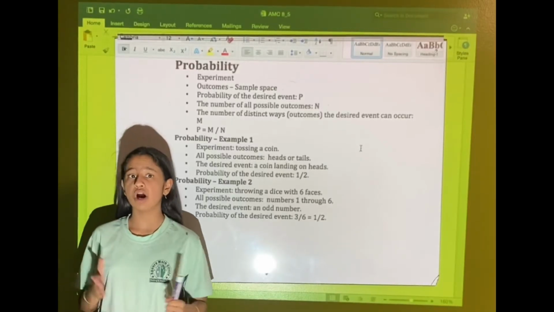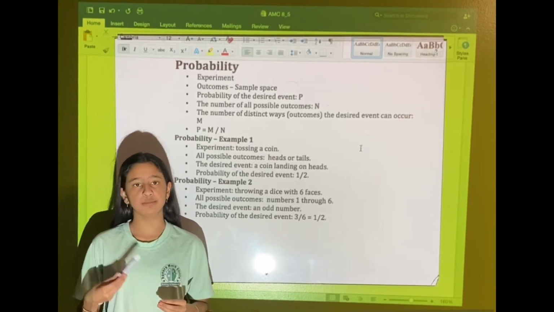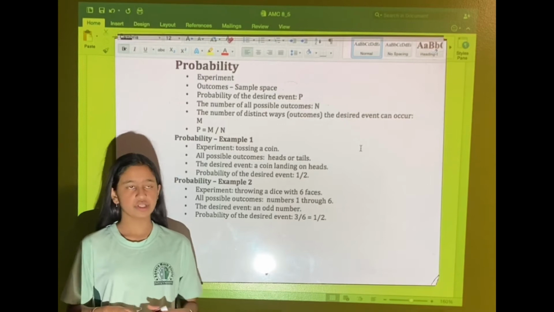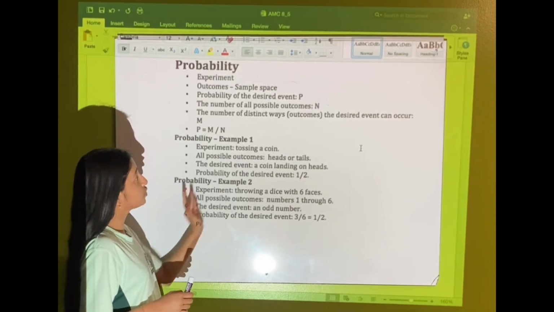So now we're going to go on to probability. There's a few terms you need to know to be able to solve probability problems, so we're just going to go over those. First one is experiment, then outcomes or sample space.